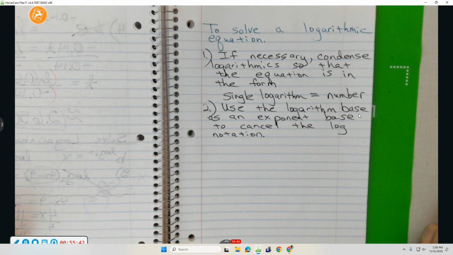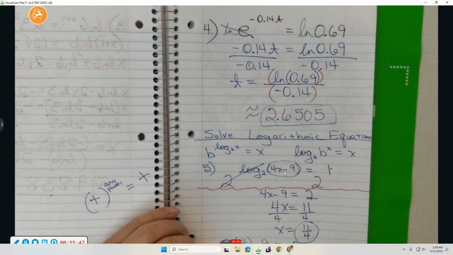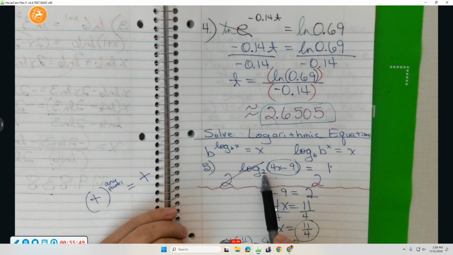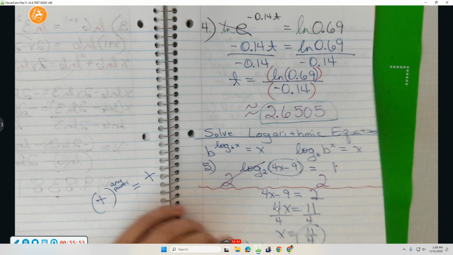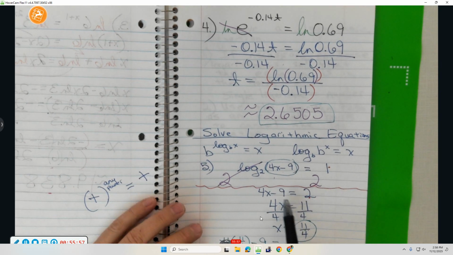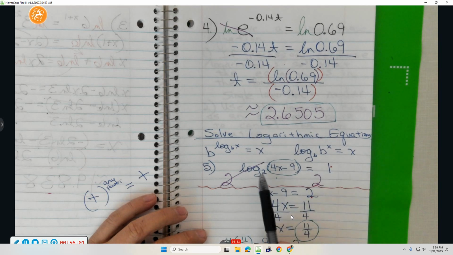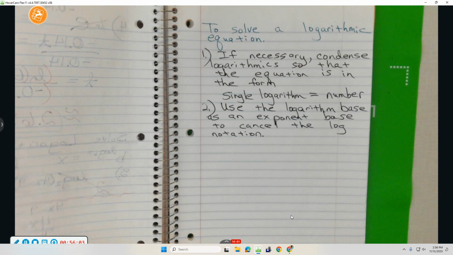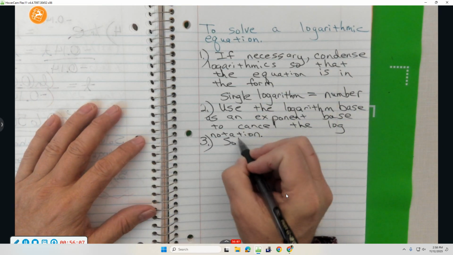That sounds complicated, but all I'm saying is, whatever that little subscript is, you write it big there and there, canceling the log notation. Once we've done that, you have an equation that'll either be linear or quadratic, but either way, it doesn't have logarithms in it, and it's not exponential, so you'll solve the equation.